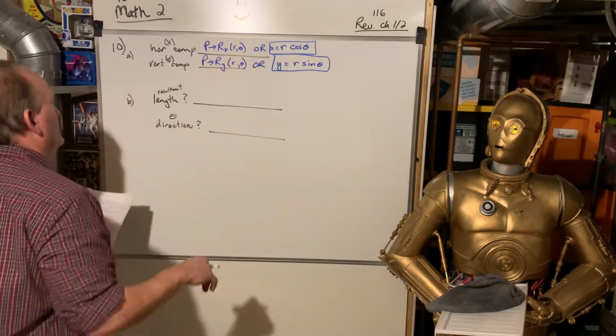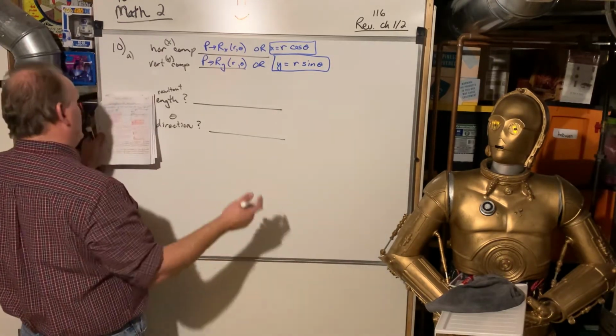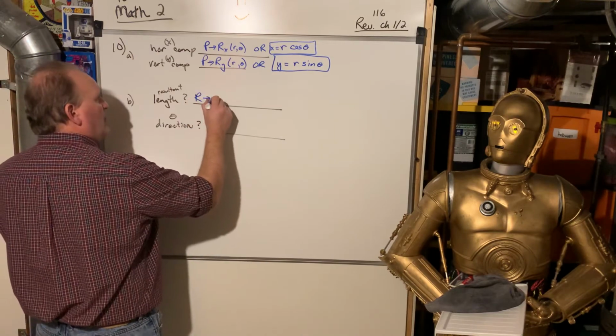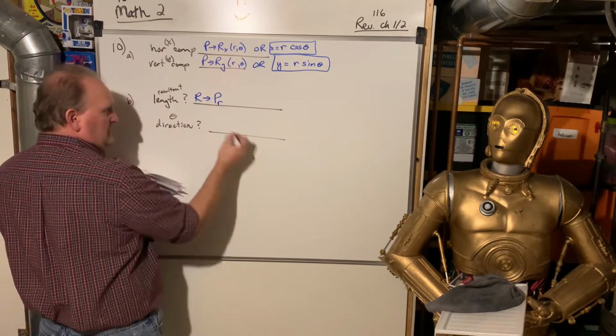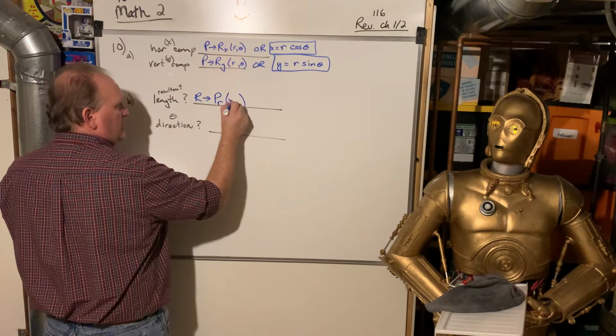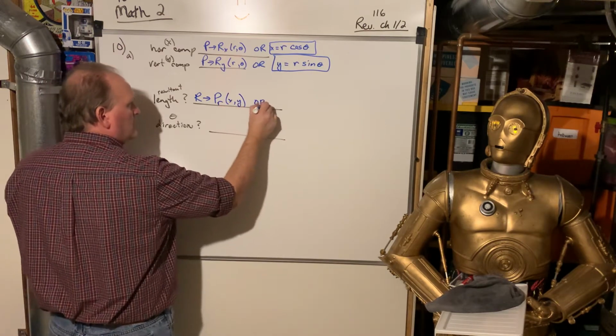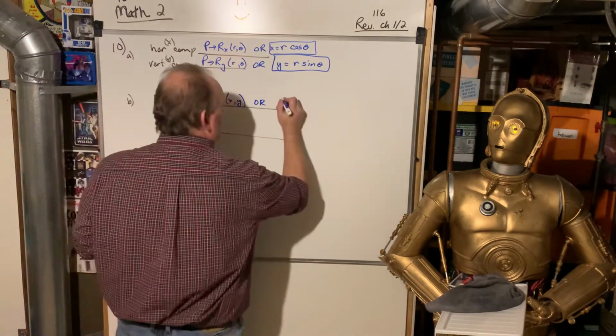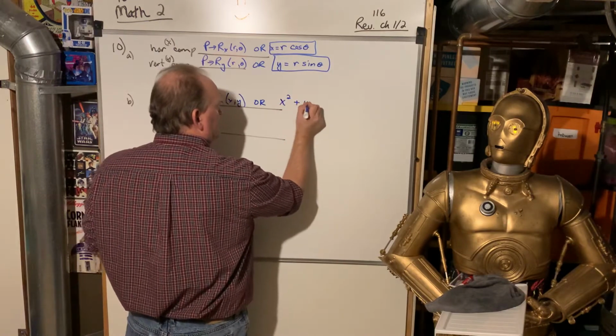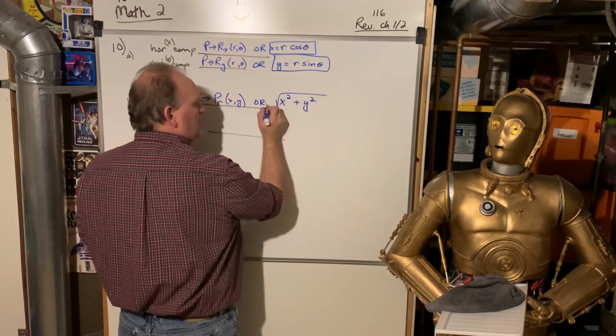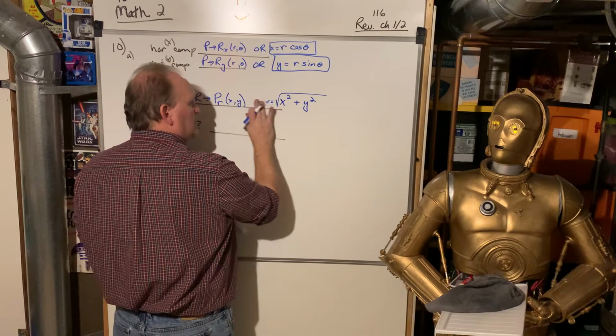All right. For length, we're going rectangular to polar for resultant. And then you're just putting in x and y. Or you do x squared plus y squared, and you take the square root of that, and that's equal to r.